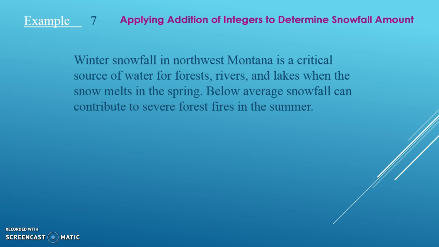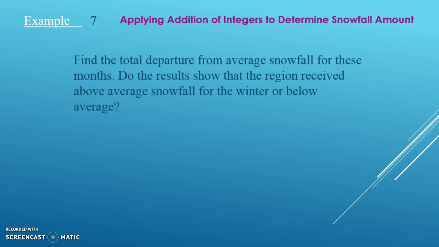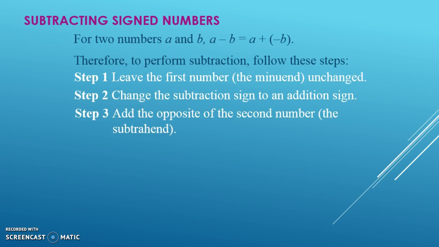I do want to pop in here to subtraction real quick. We've got a lot of different examples in here for you. Okay, so subtracting signed numbers is really very important. What I want you to remember is anytime we're subtracting, we're going to leave the first number the same. We're going to change the subtraction to addition.